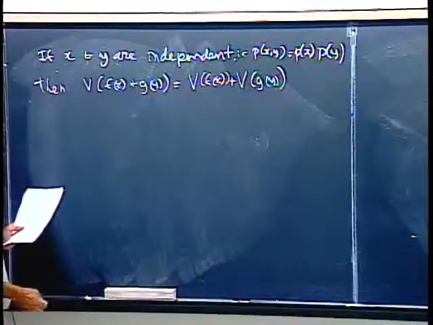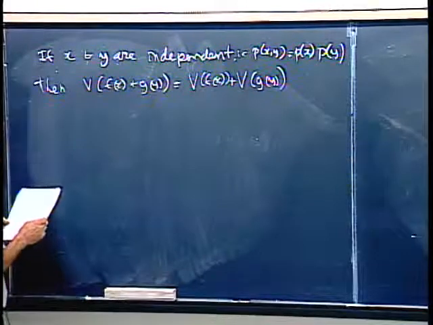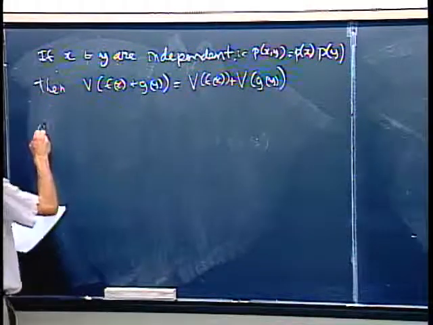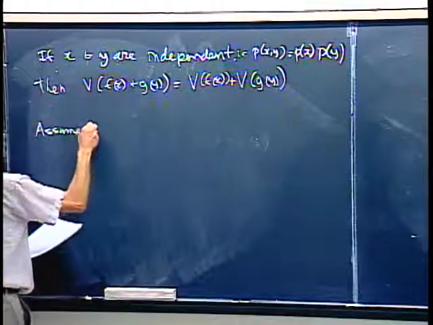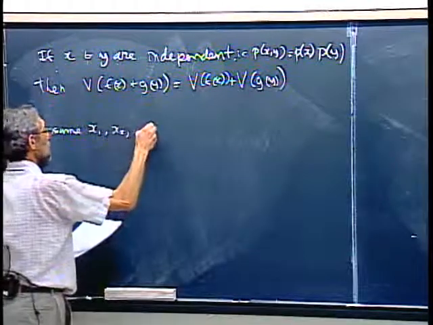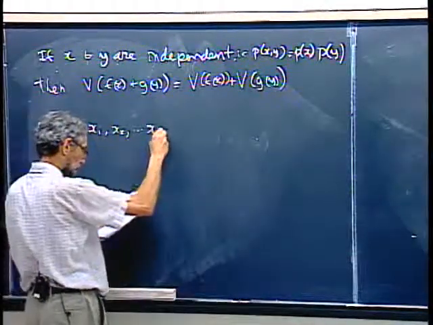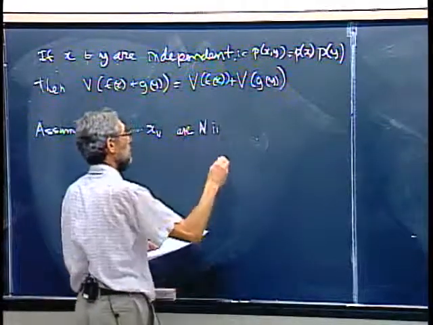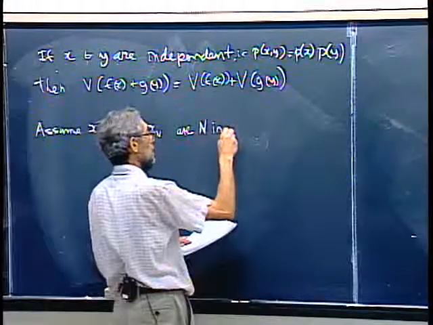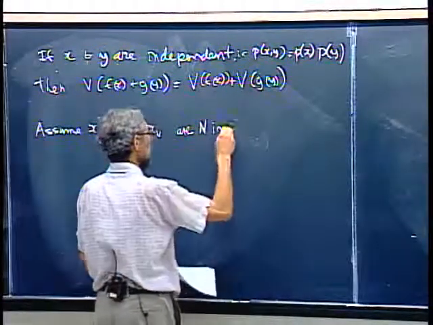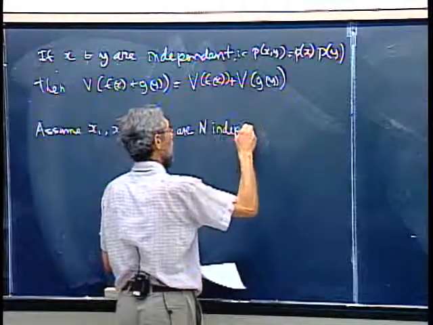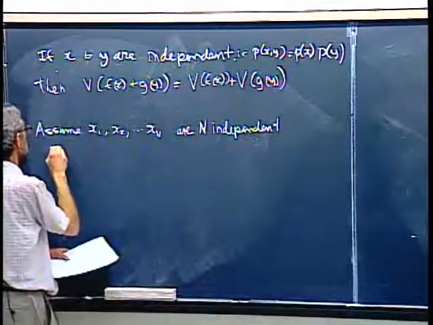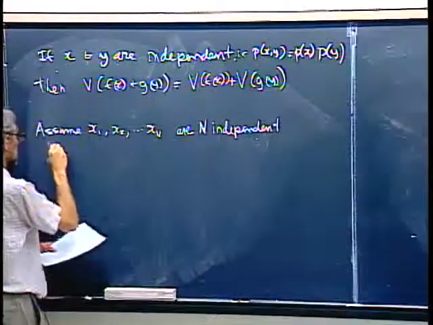Okay, so now let's look at a collection of independent, identically distributed random variables or functions. So I'm going to assume x1, x2, up to xn, I think the book uses a capital N, are n independent random variables.